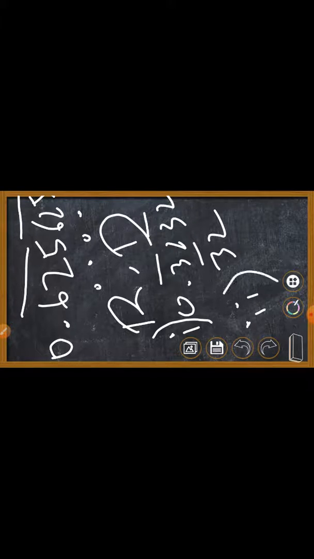Never ending means what? It has got to be dot dot dot dot dot. Understood? So all recurring decimals, listen to the statement carefully, all recurring decimals are non-terminating, means they don't end, plus they follow a pattern. So what is the difference between a non-terminating decimal and a recurring decimal?